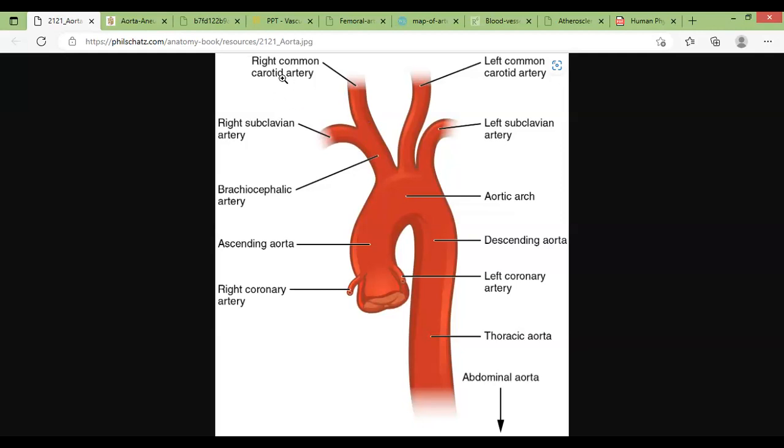We know the carotid artery is the one that is supplying the brain. Then we have the left common carotid artery as the second branch, and the third branch we have the subclavian artery. So those are the three branches: the brachiocephalic, the left common carotid, and the left subclavian.